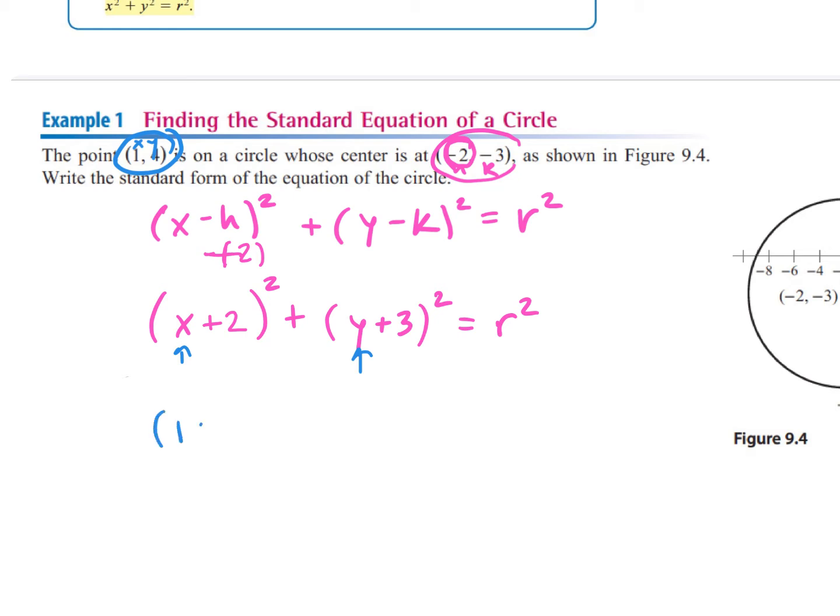So we have (1 + 2)² + (4 + 3)² = r². 1 plus 2 is 3, and 3 squared is 9. 4 plus 3 is 7, and 7 squared is 49.